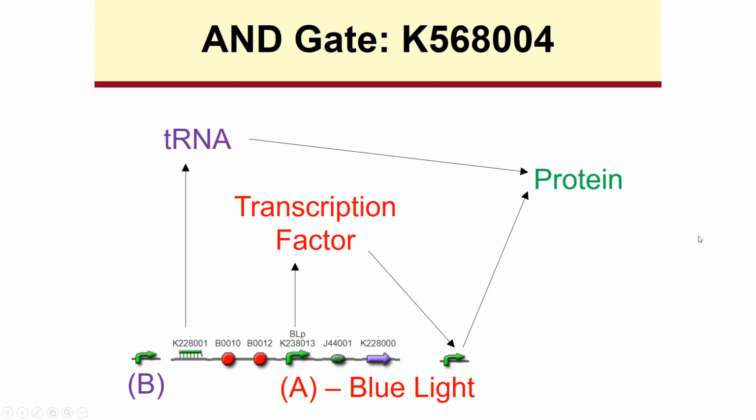So it is an AND gate. You need both input A, which here is governed by blue light for this promoter, and input B, which activates this promoter, to create these two molecules as intermediates to activate this final output. Up here, you can actually see the BioBrick accession number if you want to look at this particular construct more closely and get more information on it.